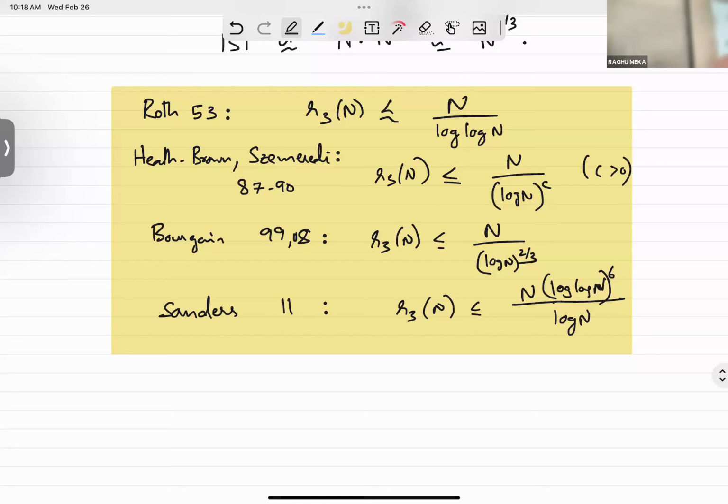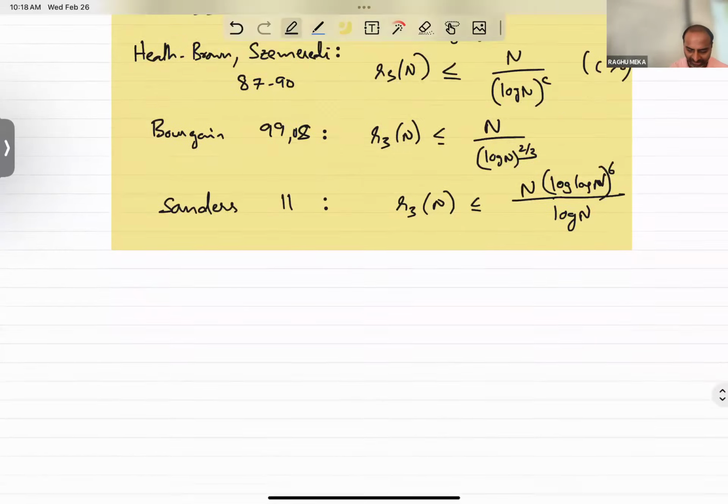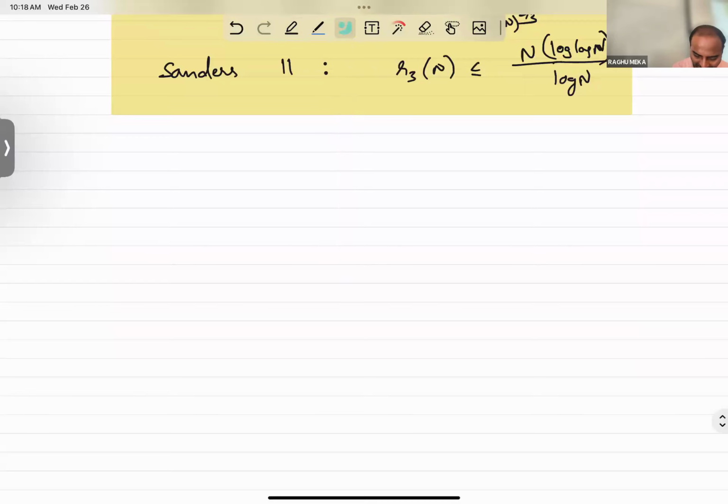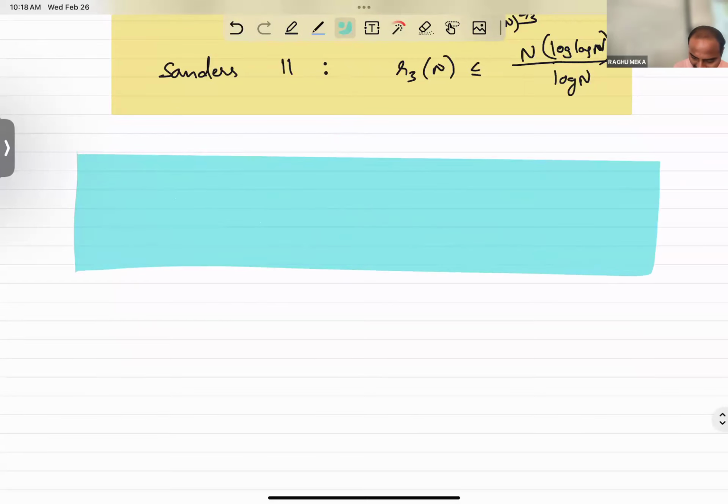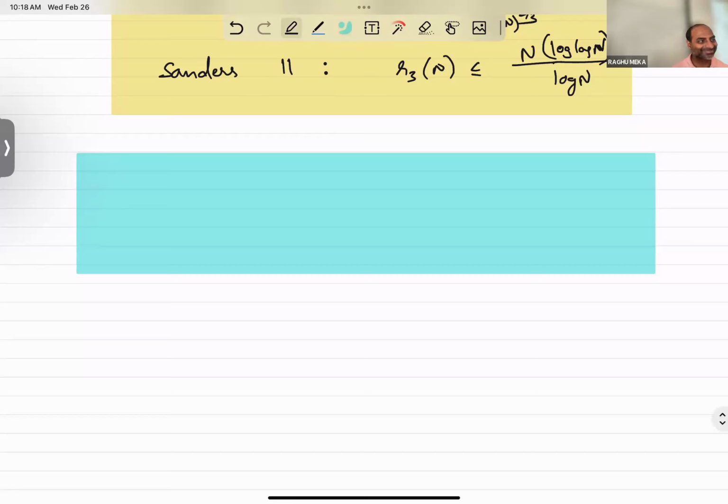So you have 1 over log n. It's pretty nice that even little-o of n size sets, even things which have sublinear density, will contain this pattern. There's a lot of other work that I'm skipping, but I'm only mentioning things which might show up later on depending on what topic you pick.